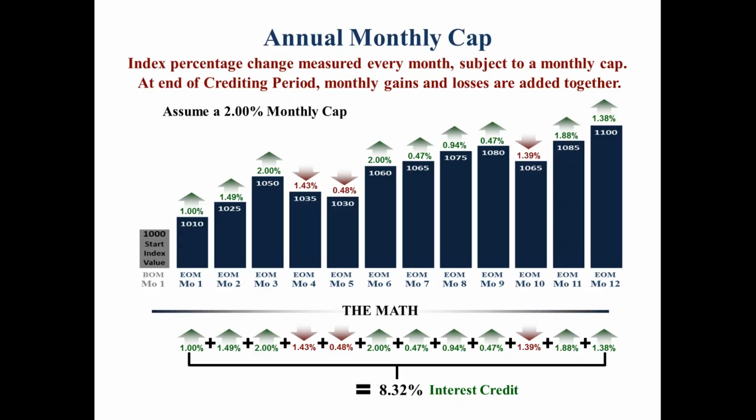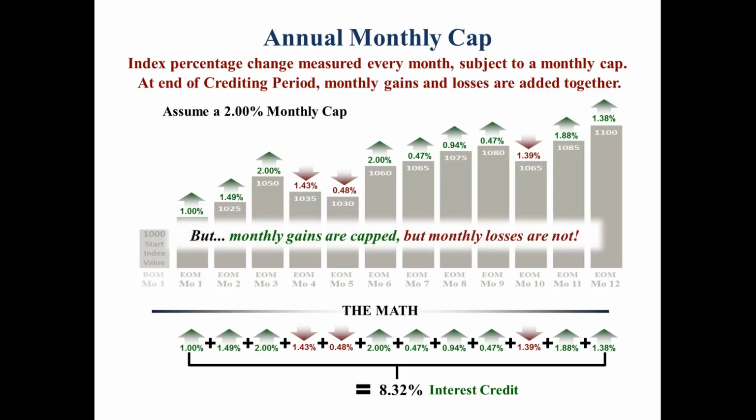What else I like about this strategy is it's also fairly simple. It's a pretty simple one to explain, wouldn't you think? We're not doing any of this begin value, end value, averaging, and then applying a cap. We're simply saying we're going to measure what the index does every month, and up to whatever that cap is, in this case 2%, that gets eligible for crediting.